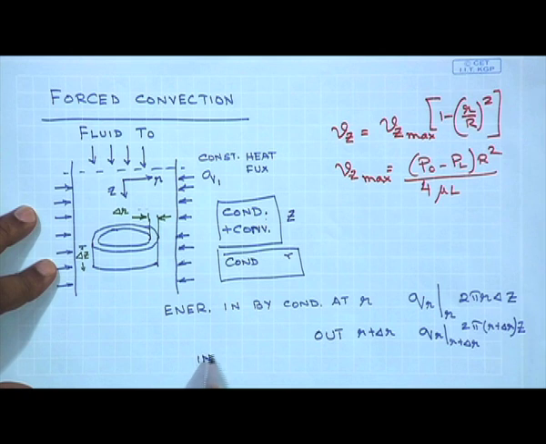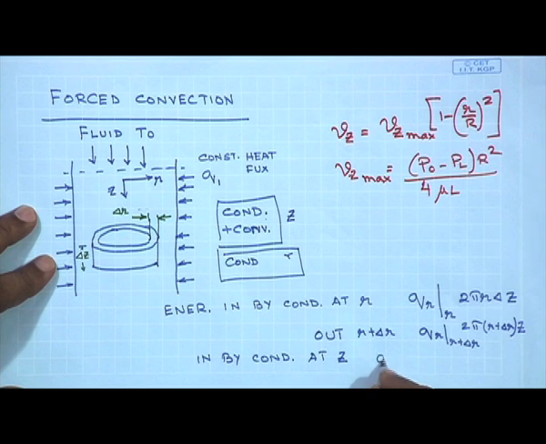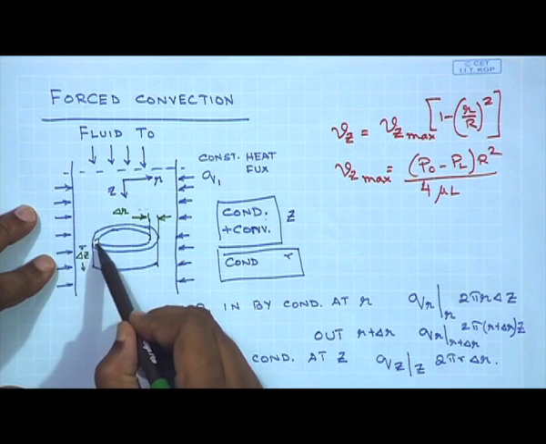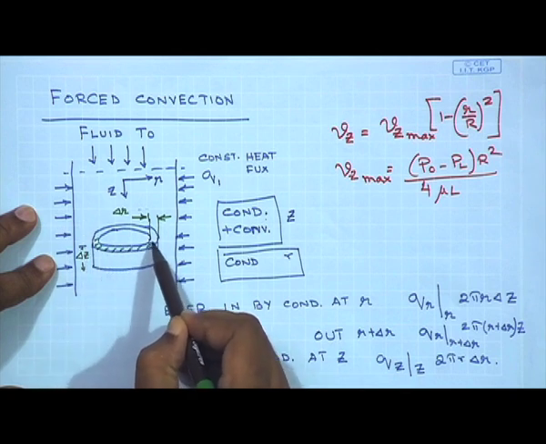Similarly, in by conduction at z would be equal to qz evaluated at z multiplied by 2 pi r times delta r. So 2 pi r times delta r is essentially the top annular area.